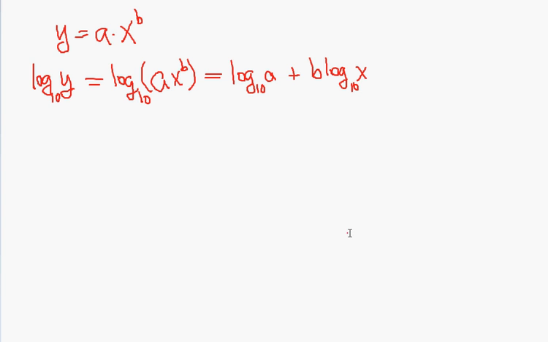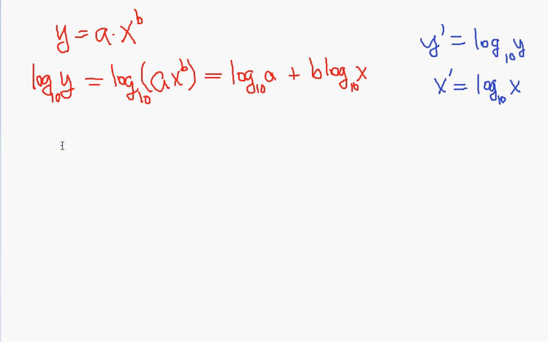Now this is an intrinsically linear model if I make a transformation. So what I'm going to do is let y prime be equal to the logarithm of y base 10. And I will also let x prime be equal to the logarithm of x base 10.